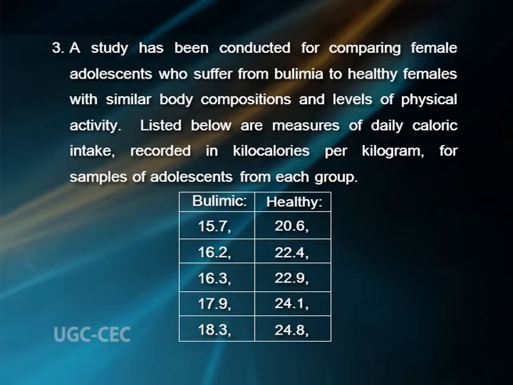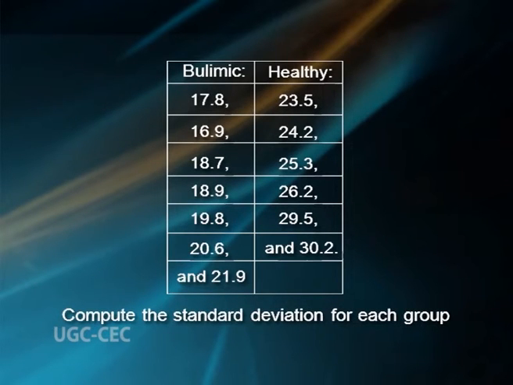Bulimic 15.7, 16.2, 16.3, 17.9, 18.3, 17.8, 16.9, 18.7, 18.9, 19.8, 20.6 and 21.9. Healthy 20.6, 22.4, 22.9, 24.1, 24.8, 23.5, 24.2, 25.3, 26.2, 29.5 and 30.2. Compute the standard deviation for each group.